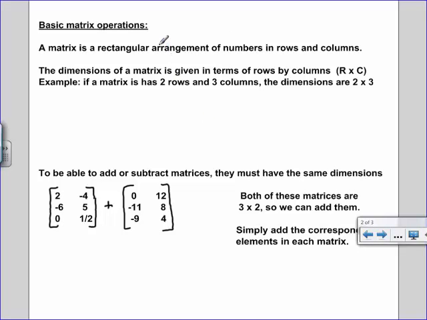As we've noted, a matrix is a rectangular arrangement. It has a number of rows and columns. So when we give dimensions of a matrix, it's given in terms of rows by columns. So we'll just go ahead and make up a matrix here.